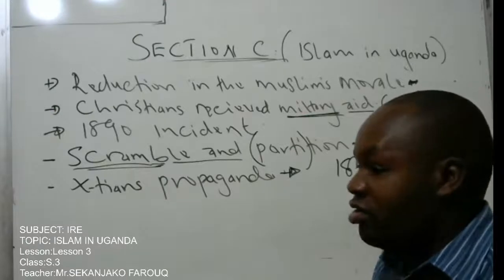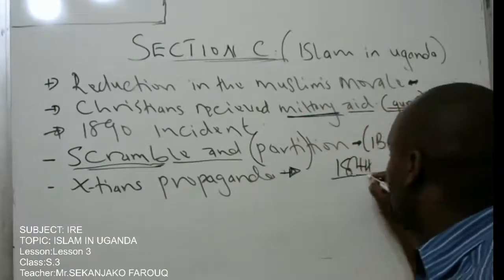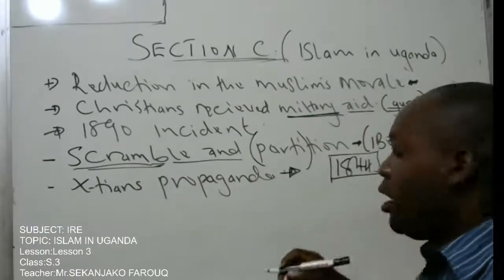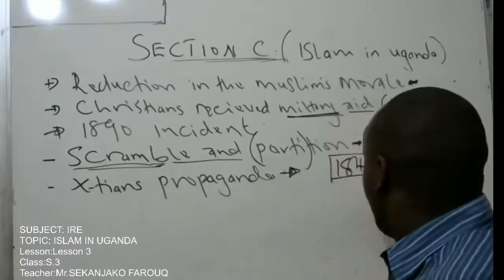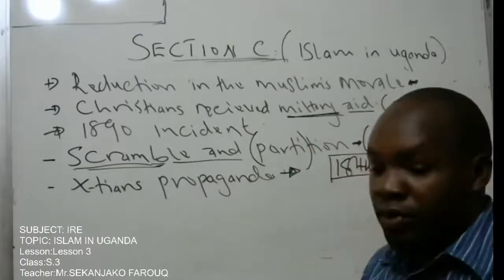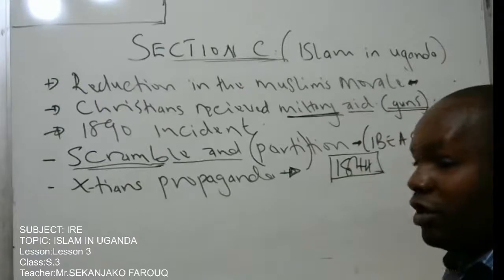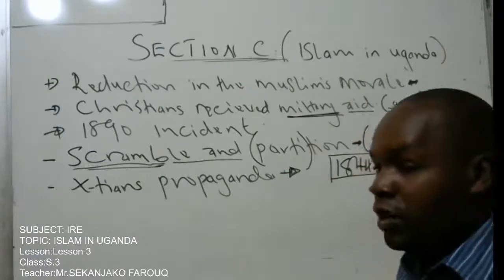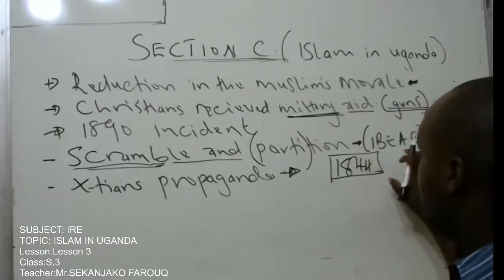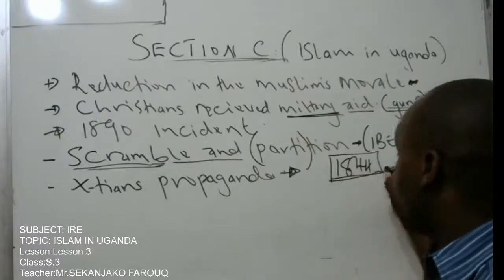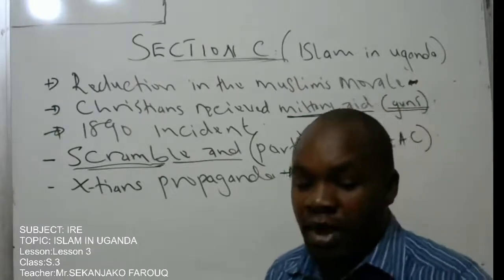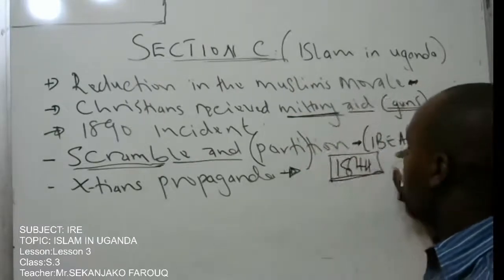the East African coast, and it had already penetrated into Uganda at around Kabaka Suna's court. The people had already received Islam by 1844. But how come we have very few Muslim converts compared to their counterparts? Because of some reasons, and notable among them is the fear of being circumcised.